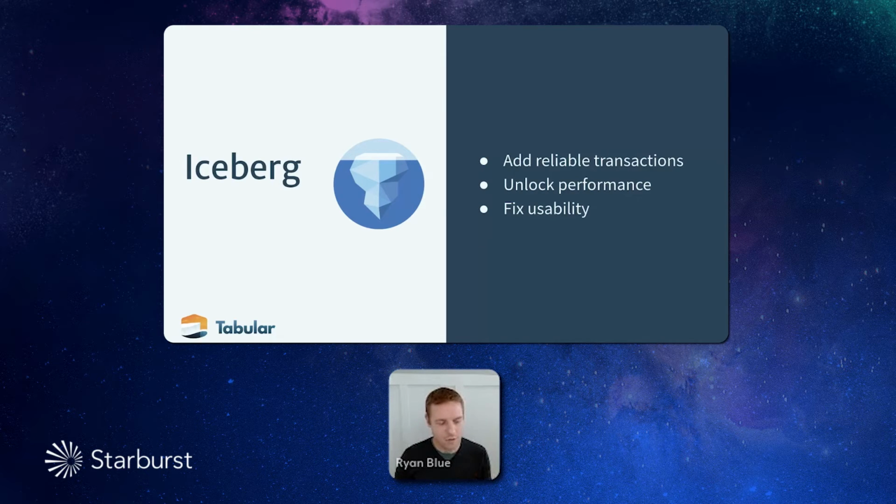So there are a lot of rough edges, and this is really where our message of fixing productivity makes more sense. Because if you run a DDL statement and that corrupts your table, that's not usable enough for you to be productive. So Iceberg also fixes those issues, adds in-place evolution and a lot more things. But again, today we're focusing on this middle one, which is to unlock performance bottlenecks.